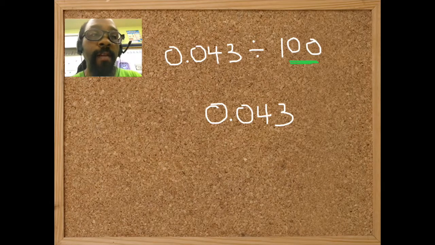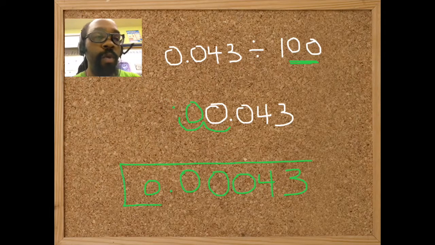So I'm going to take it and I'm going to move it over twice, once and twice. And my new decimal place is there, and I add a 0. So my answer now is actually 0.00043. Put it over here, and we're done with this problem.